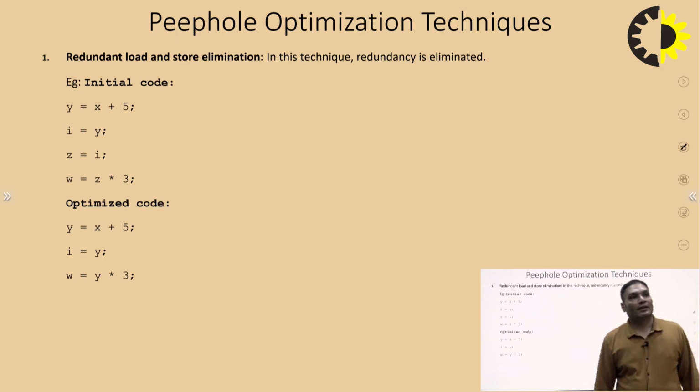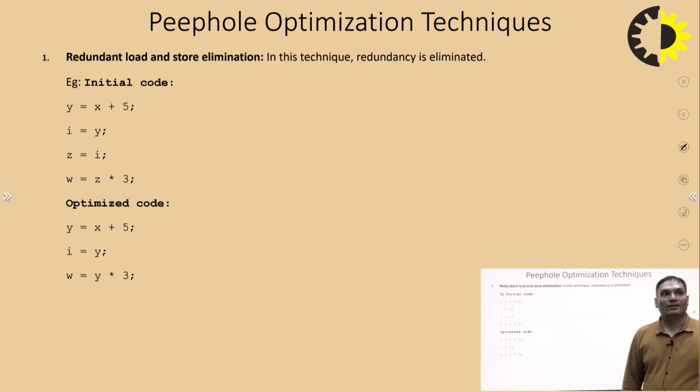The first technique of peephole optimization is redundant load and store elimination. It is also called redundancy elimination.